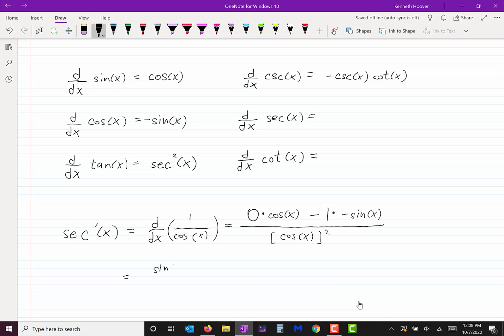So we have sine of x over cosine squared x. And I would encourage you to write that like this. Secant x times tangent x. That's the derivative of secant.